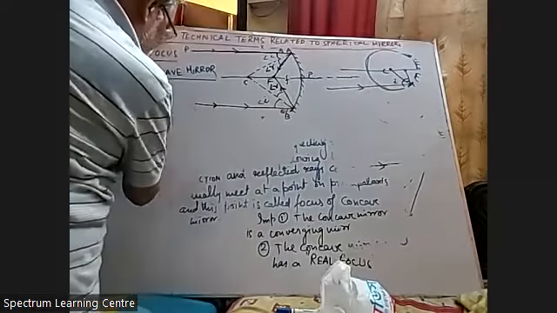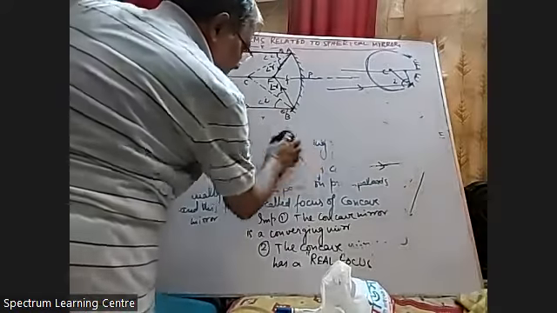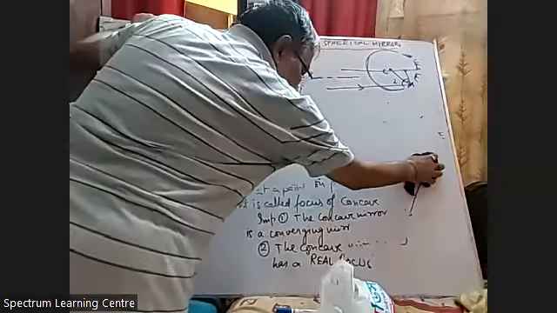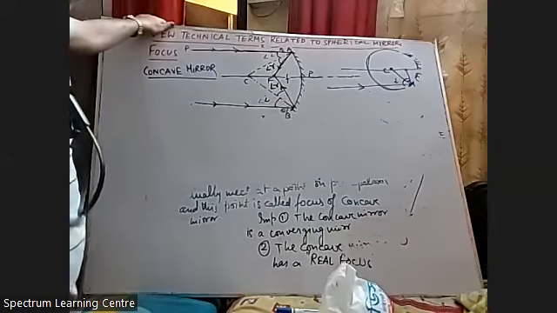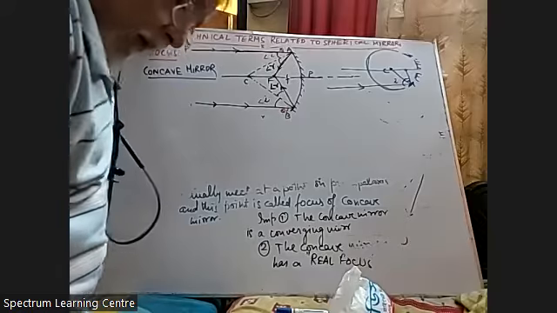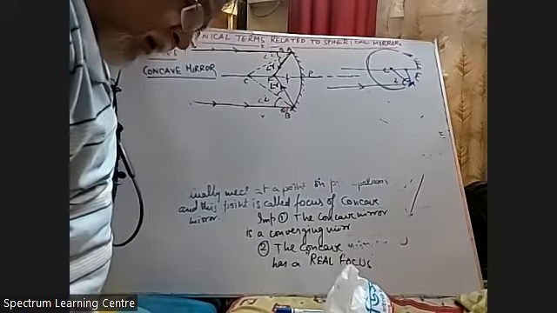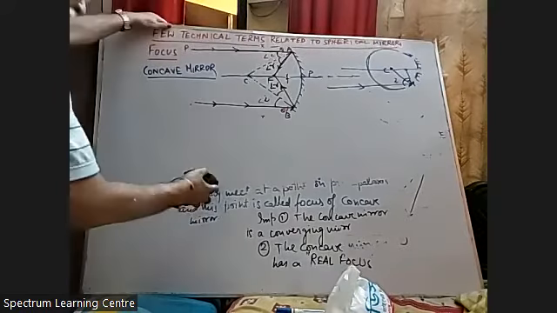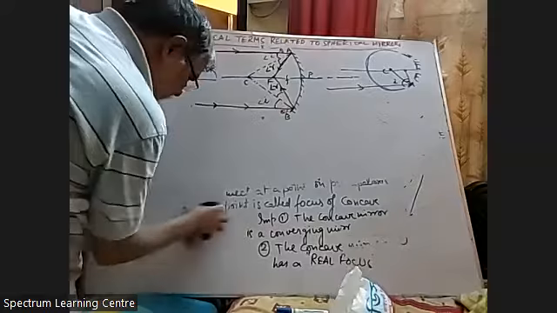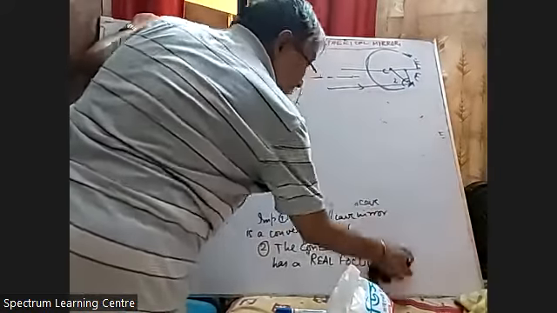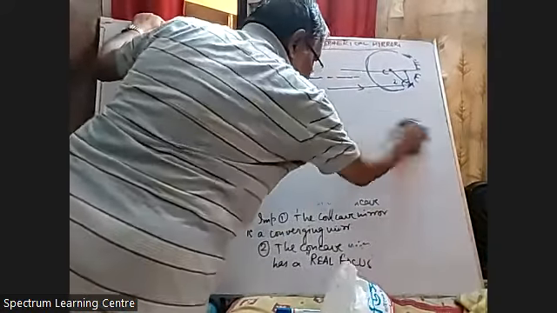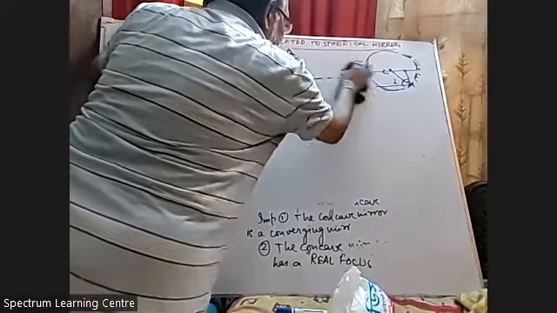The definition should be as per the book. Value addition, you can do this. The focus of a concave mirror is a point on the principal axis. Is a point, not the point.